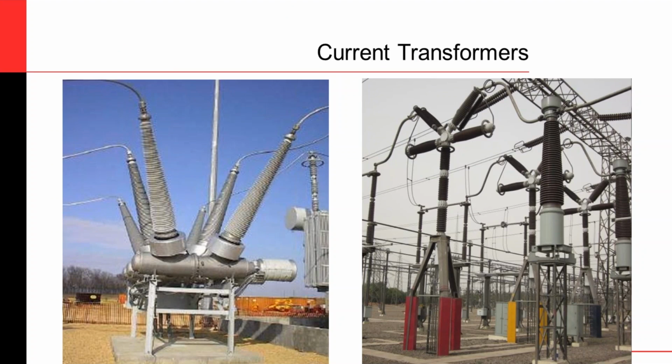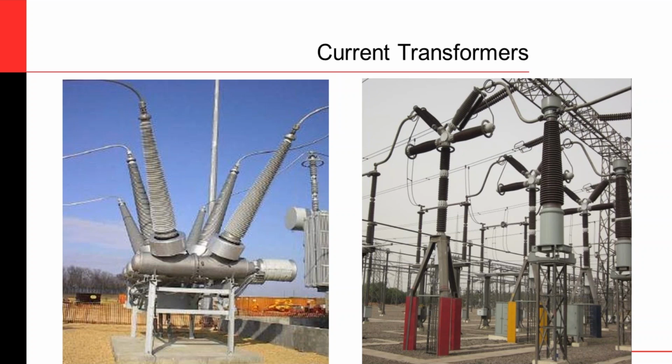If you look at the picture here on the left-hand side, you see a bushing, and inside the bushing it typically has two CTs. One is for metering, the other one is for relaying. So the CT circuit is pretty much the same, but the CTs are different. One is specifically for metering application, the other one is specifically for relaying or protection application.